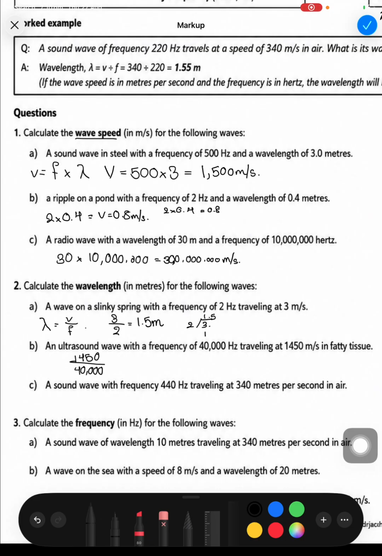So for this one, we get the answer, now we can use our calculator. So 1450 divided by 40,000. So we get the answer of 0.036 meters. So the wavelength is that much.